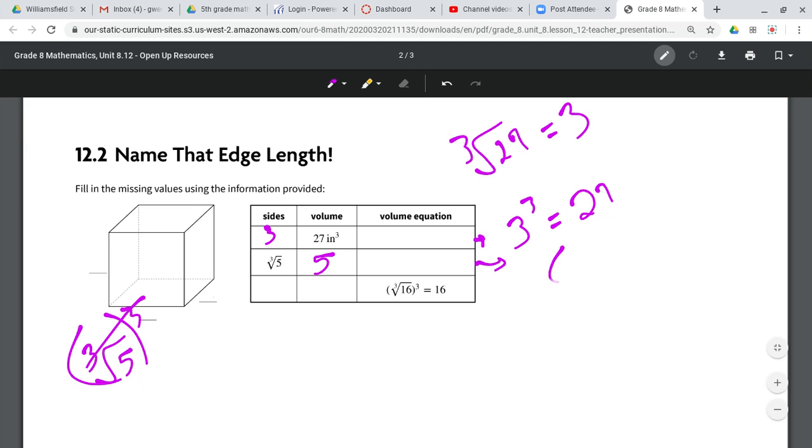We'll have the third root of 5, to the third, equals 5. And then last but not least, we're given the volume equation. So the third root of 16 to the third power equals 16. So what's the volume? 16. And what is our side length? The third root of 16.